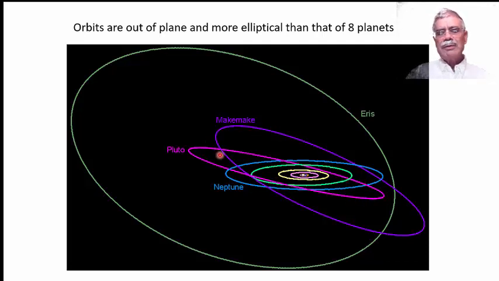Makemake, also a little bit off kilter and more elliptical. And then Eris, a little bit more elliptical and off kilter from the 8 recognized regular planets. So that's why some of these are called dwarf planets and are in a different category than the first 8.